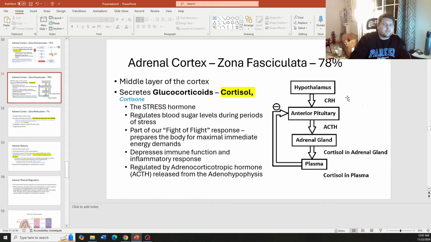You'll notice most of the hormones coming from the hypothalamus are releasing hormones, and then the ones released from the pituitary tend to be the stimulating or something like that hormone. So yeah, the hypothalamus, the anterior pituitary, adrenal, then we get more cortisol in the plasma, and it goes back and it cuts off and does the negative feedback.